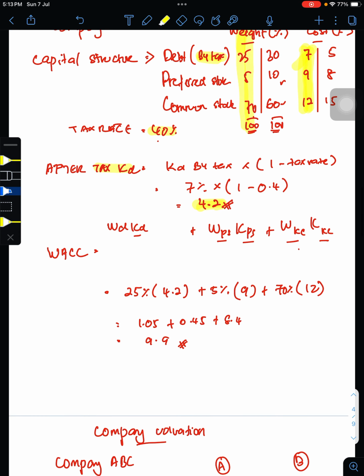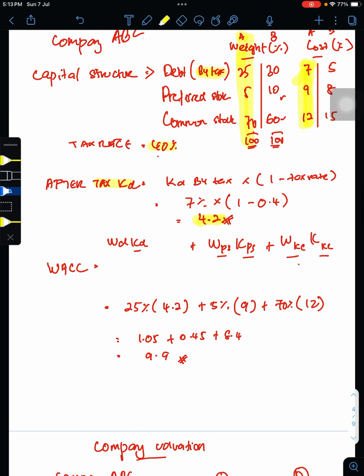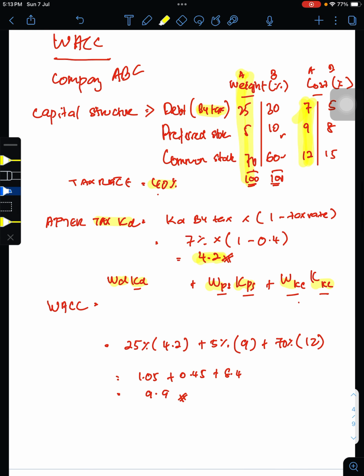So what you do now is just fill in the formula. WACC equals the weight of your debt multiplied by the cost of your debt, plus the weight of your preference share multiplied by the cost of your preference share, and finally the weight of your common share multiplied by the cost of your common share. Here your weight of debt is 25%. Remember, cost of debt after tax is 4.2.